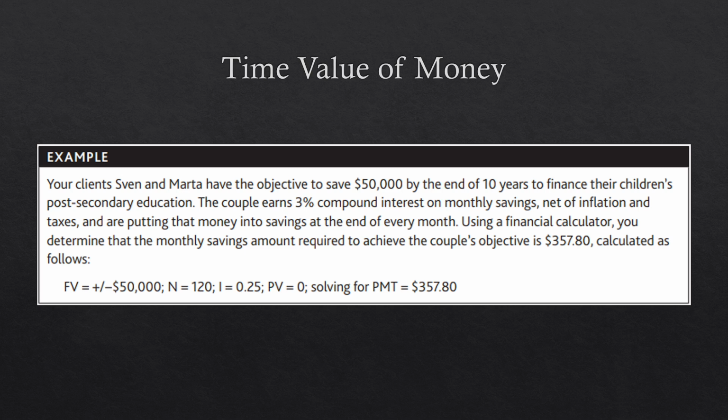Using your financial calculator, you can plug in 50,000 future value, 120 for the time period, which is N, the interest rate 0.25, and the present value is 0, or you can just leave it and solve for the payment. You know that they need to save $357.80 per month throughout those 10 years to get $50,000 at the end of the 10 years.